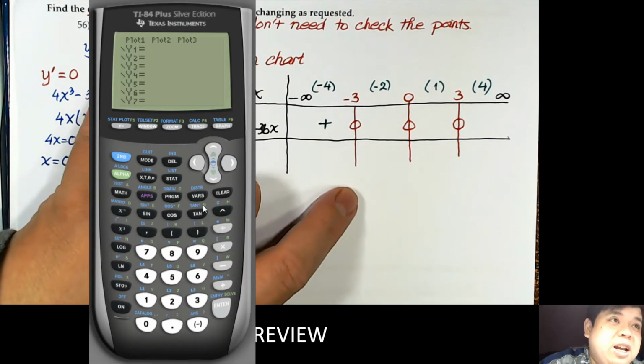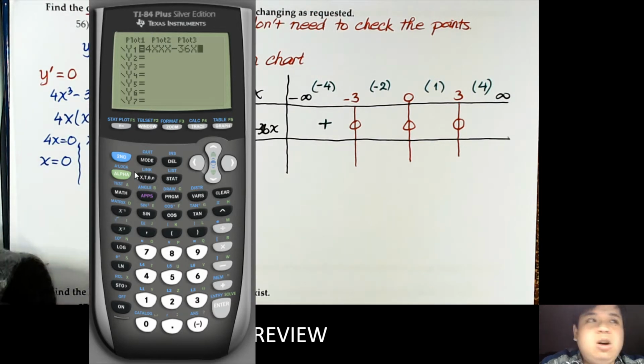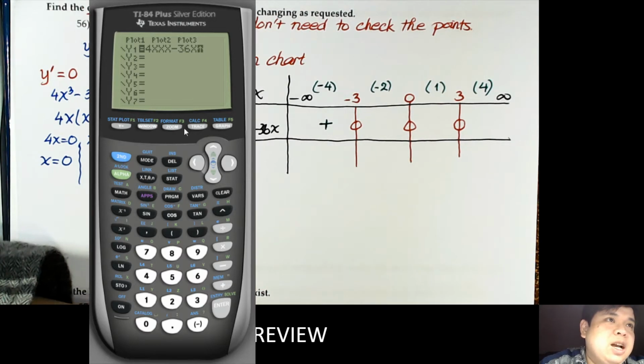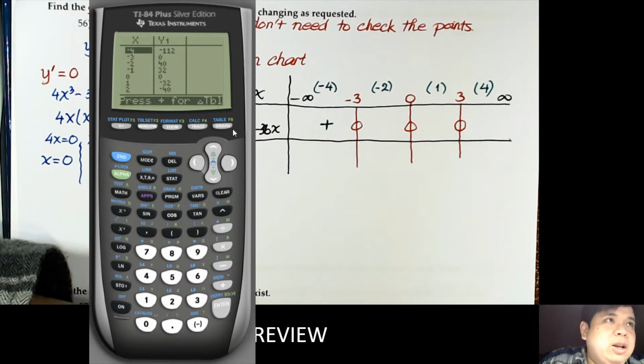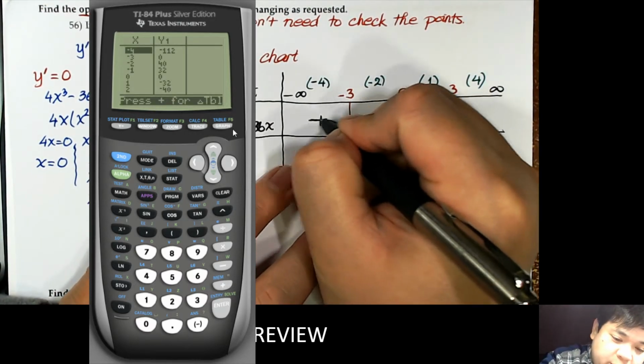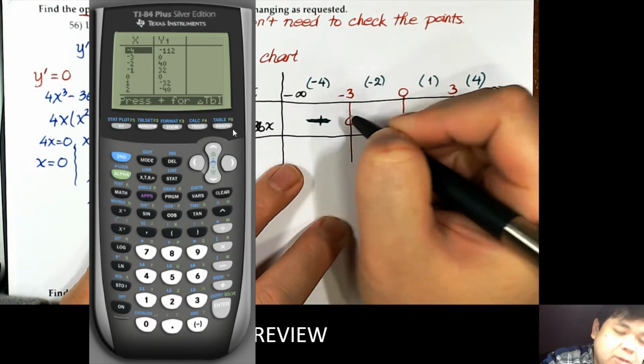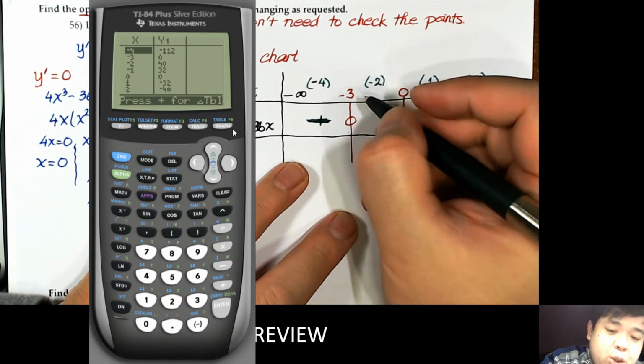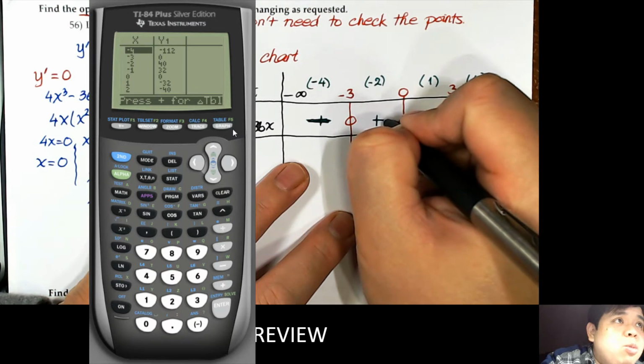Right, do that again. 4x cubed minus 36x, remember we use the derivative, not the function. Right, second table. Right, negative 4, it is negative 12. Negative 2, 40, so it's positive.